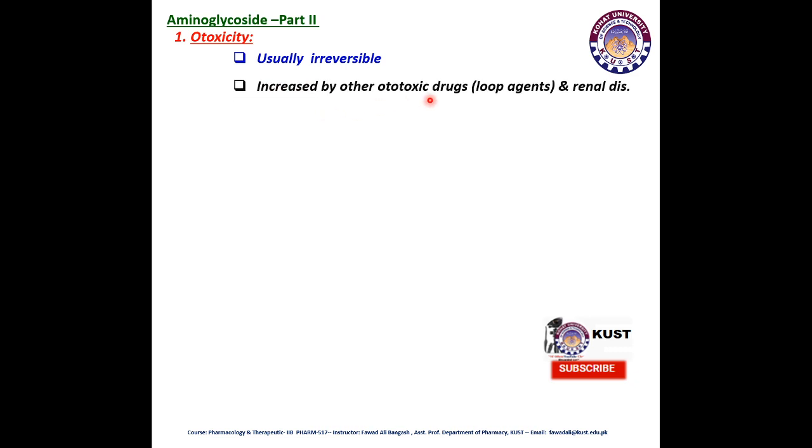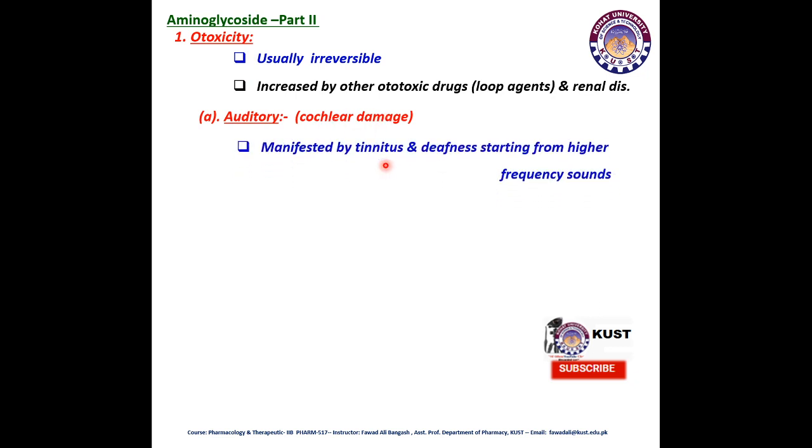The first adverse effect is ototoxicity. It is usually irreversible. It is increased by other ototoxic drugs like loop diuretics and renal diseases. Ototoxicity includes auditory, cochlear damage, which is mainly manifested by tinnitus, like if a person feels a ringing like a bell in his ear.